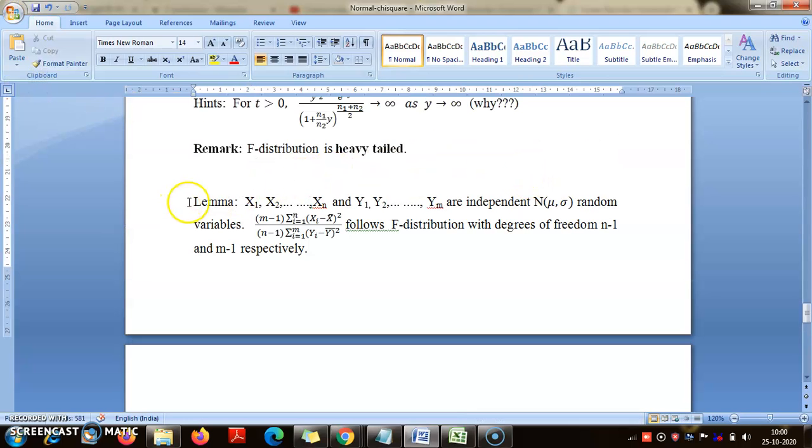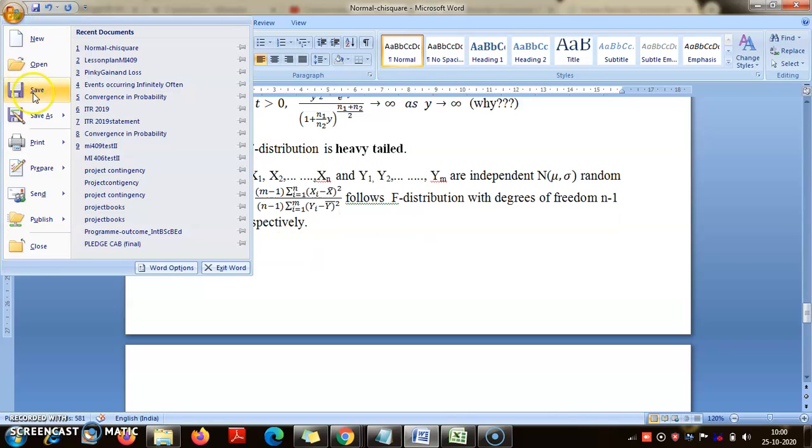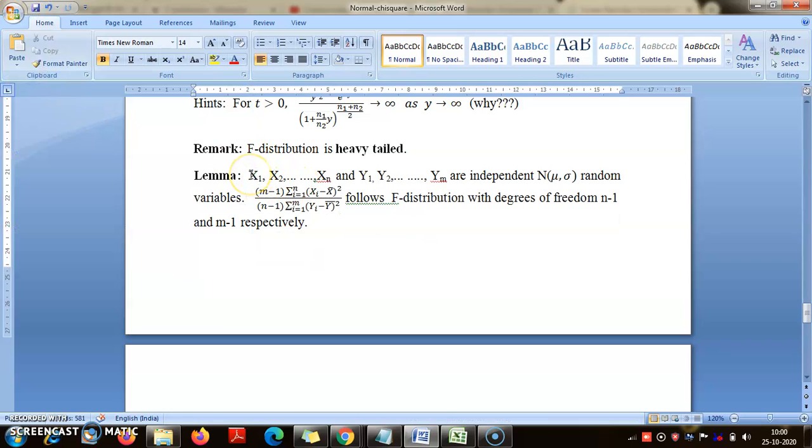So this is an important lemma, which says that if x1, x2, ..., xn and y1, y2, ..., ym are independent random variables, then look at what I am writing in the numerator: the summation of (xi minus x bar) whole square, i going from 1 to n, divided by n minus 1, and the summation of (yi minus y bar) square divided by m minus 1 in the denominator.